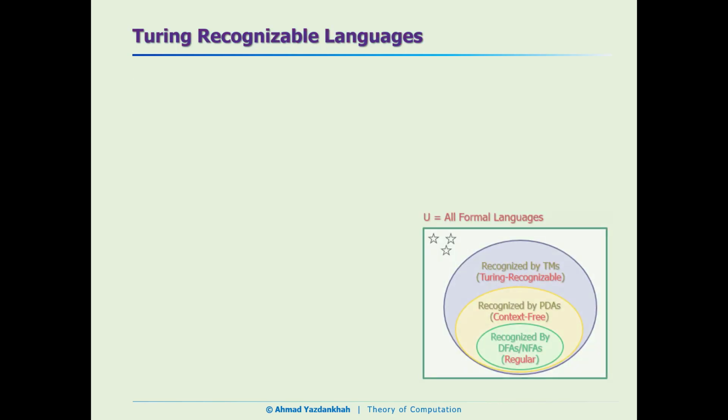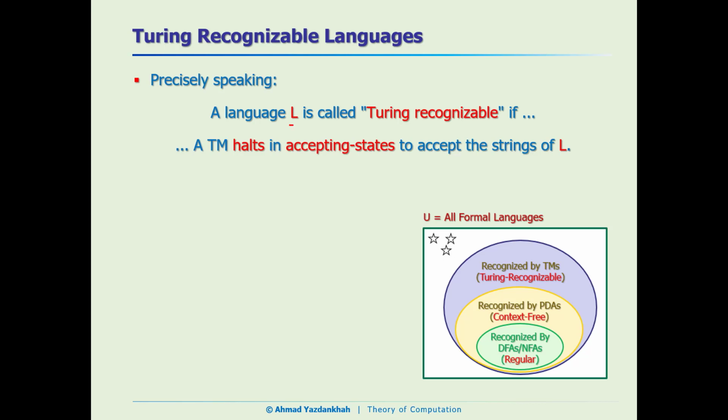Okay, so let me deal with it a little bit in detail. A language L is called Turing recognizable if a Turing machine halts in an accepting state to accept the strings of the L.